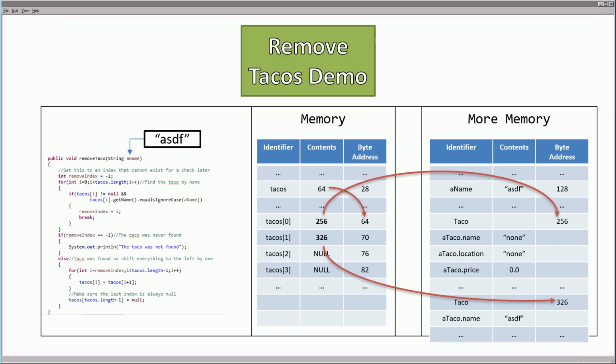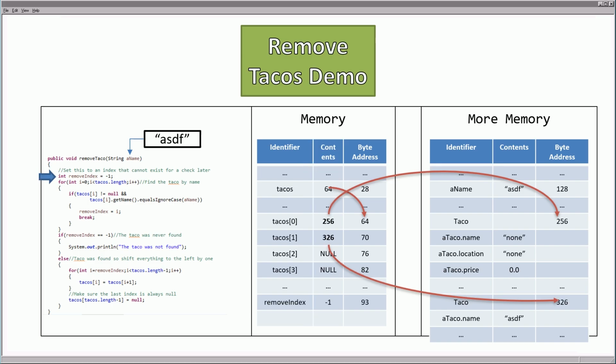Now let's say that we were going to remove the taco that had the name ASDF. And let's say that was the second element here. As you notice, this taco's name is ASDF. So entering into this method, we set this remove index to be -1. Then we go through the for loop and we establish int i is equal to 0. Then we check if tacos at index i is not equal to null.